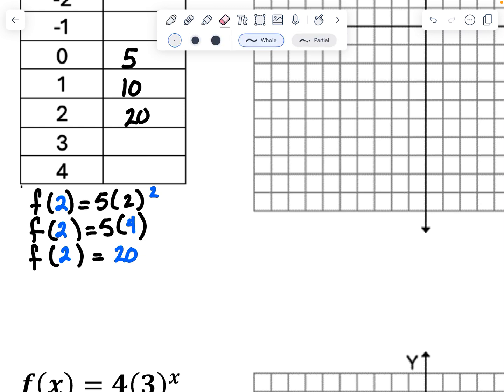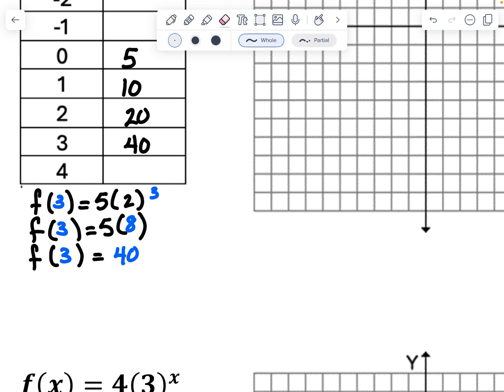Let's do it again, but this time let's raise the power to 3. So when we raise the power to 3, we replace x with 3. 2 times 2 is 4, times 2 is 8. Now our number is 40. So when the value of x is 3, the value of y is 40.